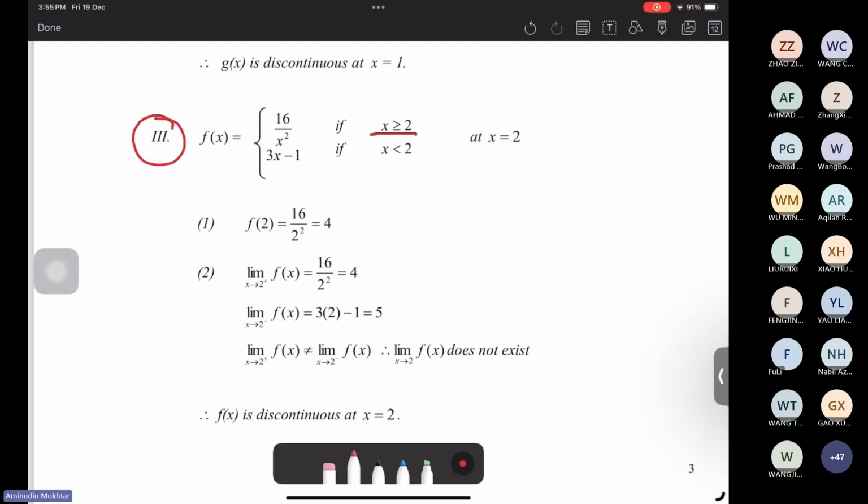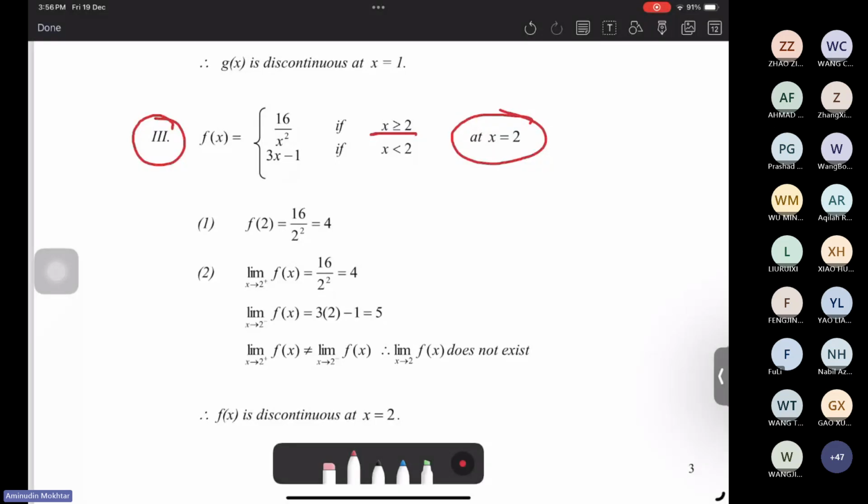The second one is f(x) equals 3x squared if x is less than 2. We want to check at point x equals 2 whether the graph is continuous or not continuous.